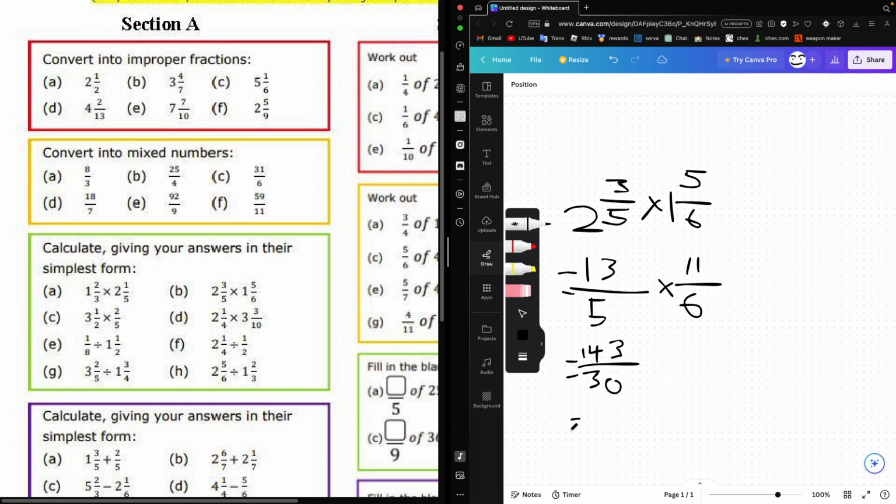Back into a mixed number. 30 times 4, 120. 143 minus 120 is 23 over 30. And you can see that we cannot simplify any further, as there's nothing that can make it simpler.